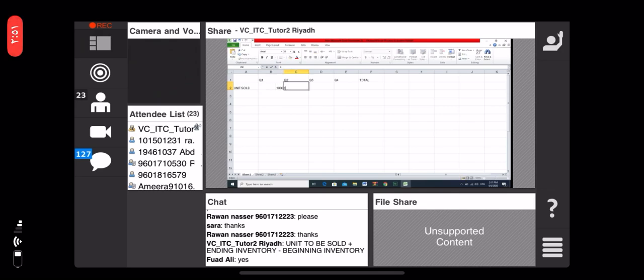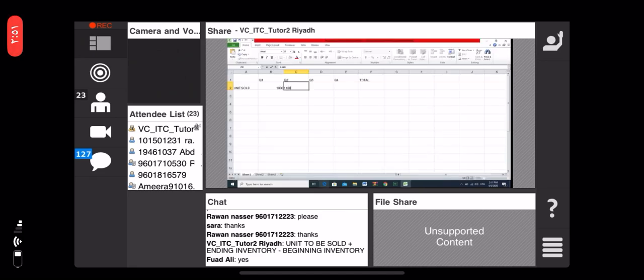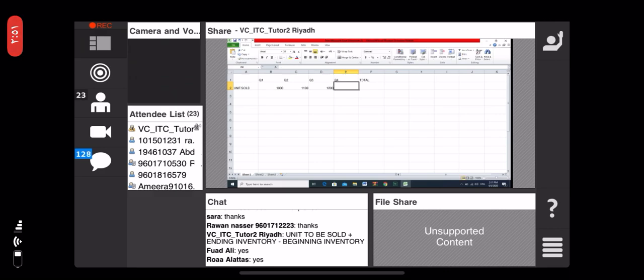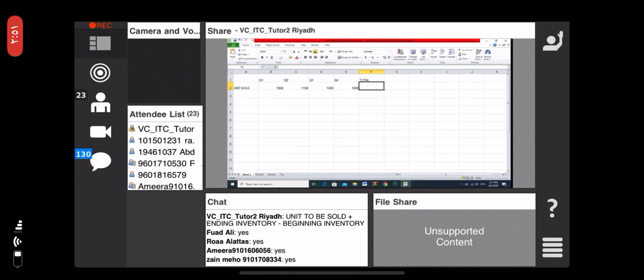Second quarter, 1,100. Third quarter, what's the amount for the third quarter? 1,200. Excel sheet, is it clear to you? Okay.